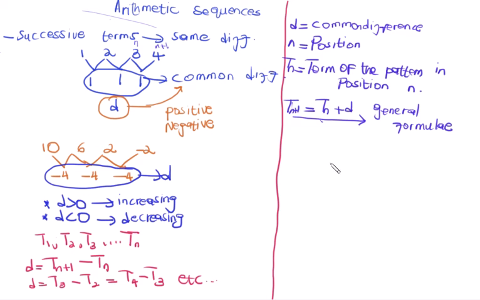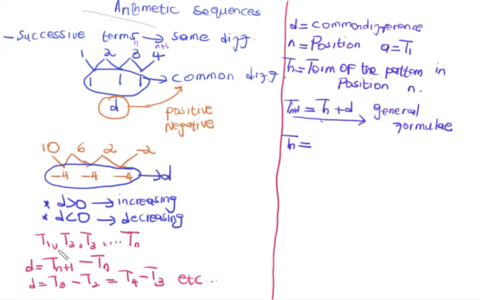So the next formula that I'm going to give you is the one whereby we don't know the previous term, right? So the next general formula is that Tn is equal to, let's talk about it. The other thing that I forgot to mention is the letter A. So A is the first term of the sequence, so I'm going to denote it as T1.